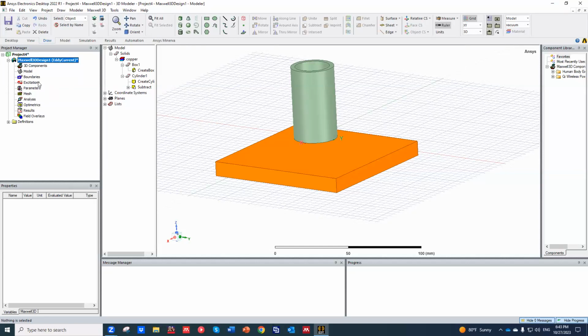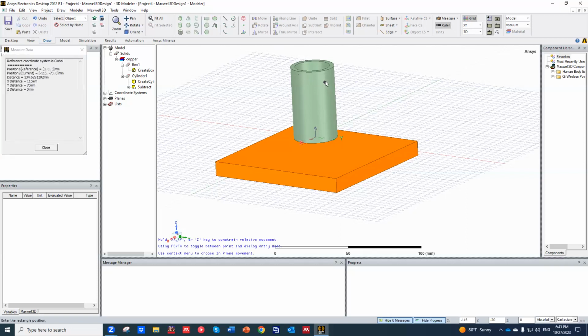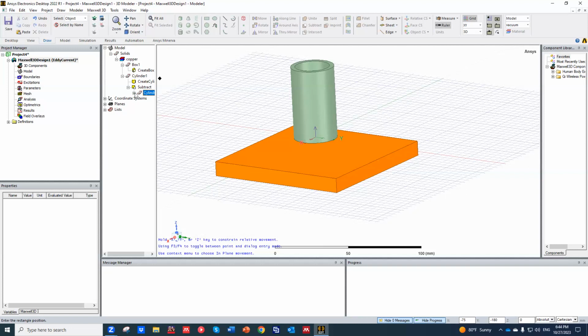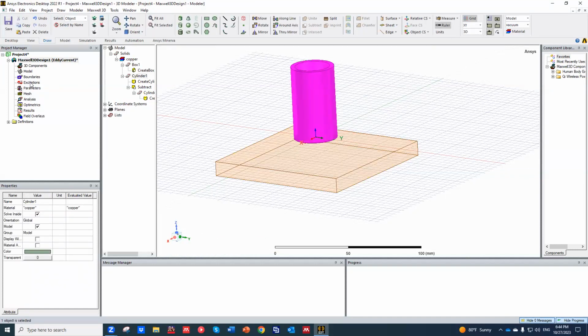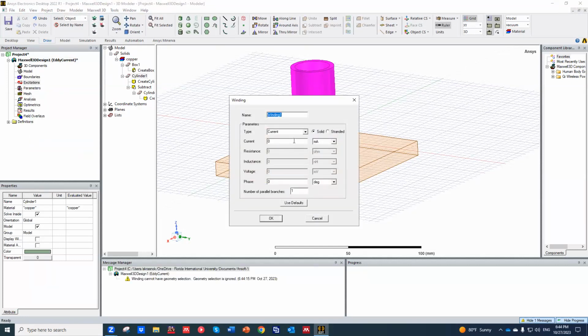So I highlight this cylinder, then excitations, add winding.